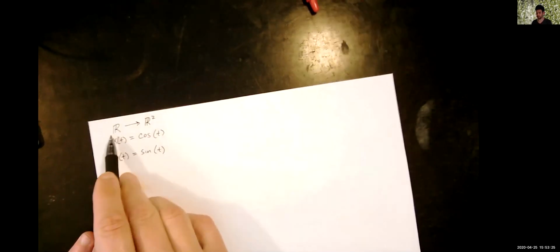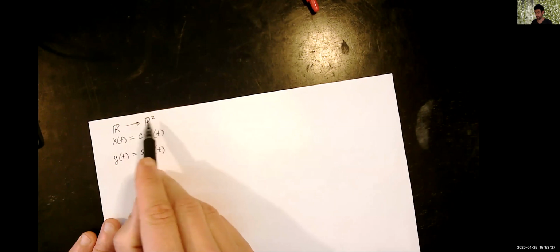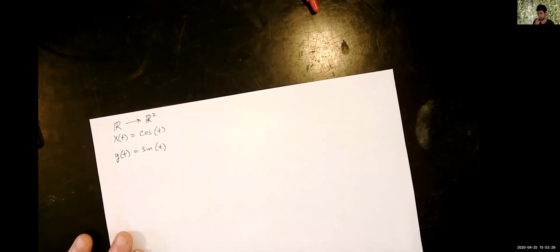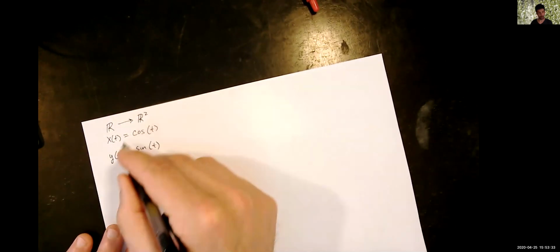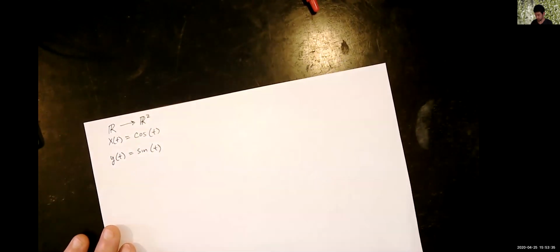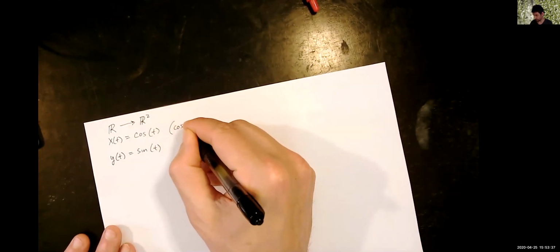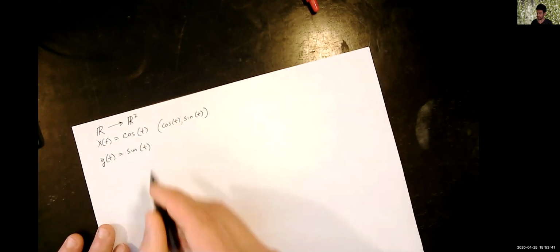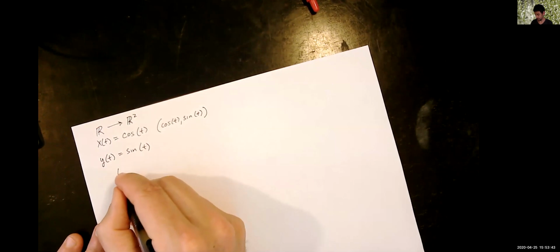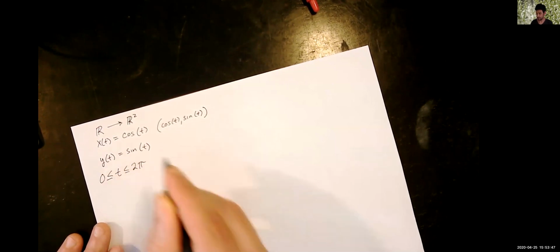This symbol just means all the real numbers, and this is all the coordinate pairs of real numbers. Another way we can write these parametric equations would be cosine of t, sine of t. And let's give this an interval, let's say from 0 to 2 pi.